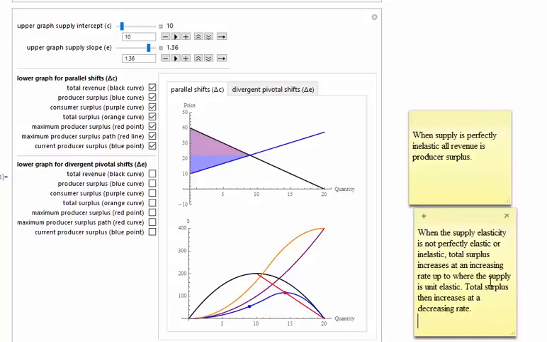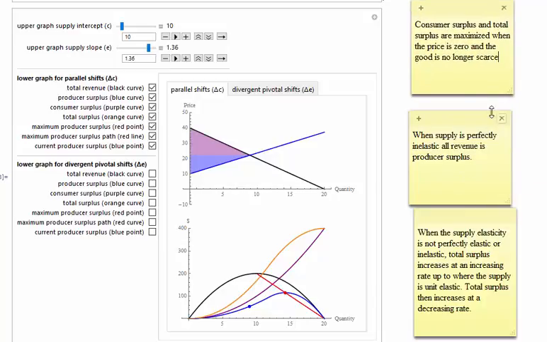When supply is not perfectly elastic or inelastic, total surplus increases at an increasing rate up to where the supply is unit elastic, as we showed already, and then total surplus increases at a decreasing rate, because producer surplus isn't increasing as it was before.